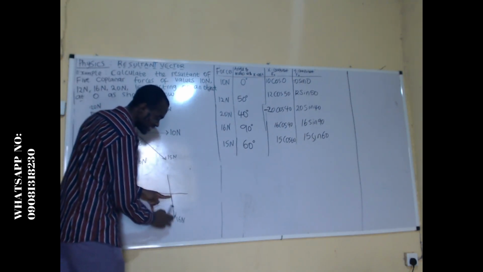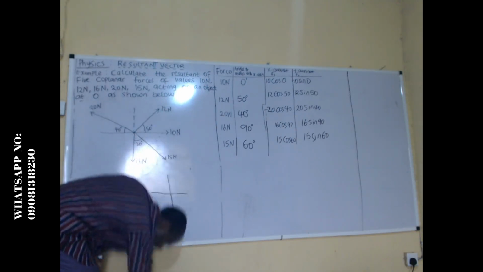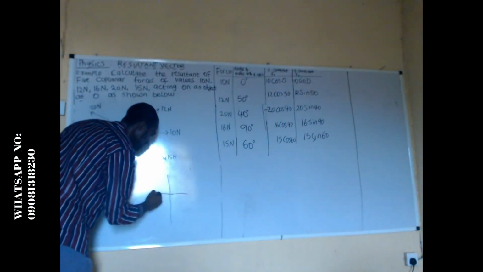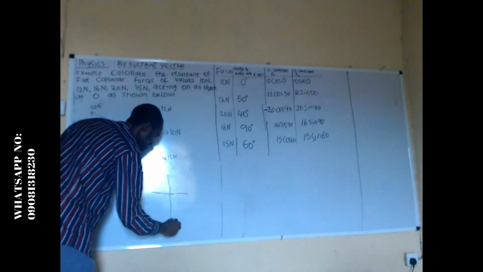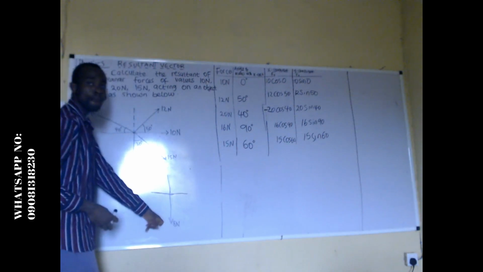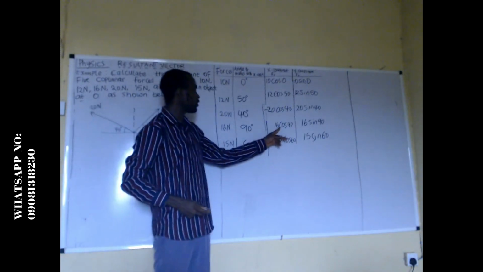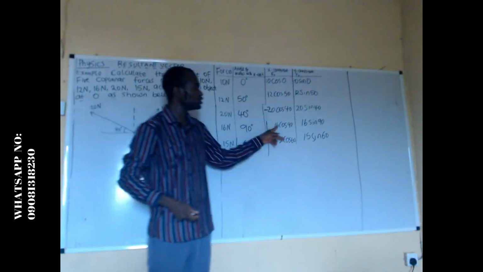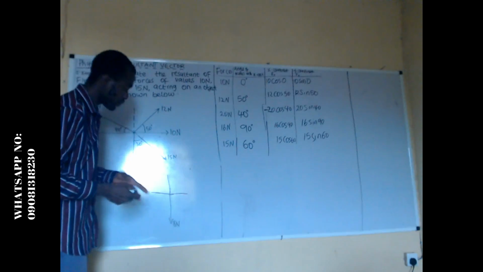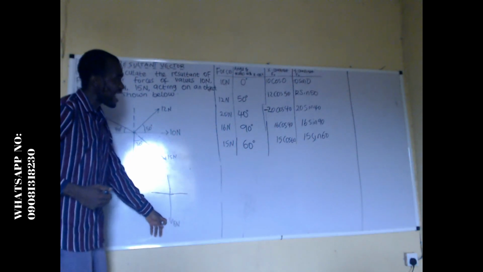It's just lying on the y axis. So we don't really know whether it is negative or positive. At the end of the day, you will see that the x component of this force 16 Newton will give us 0 because you don't have an x component. It's lying on the y axis.